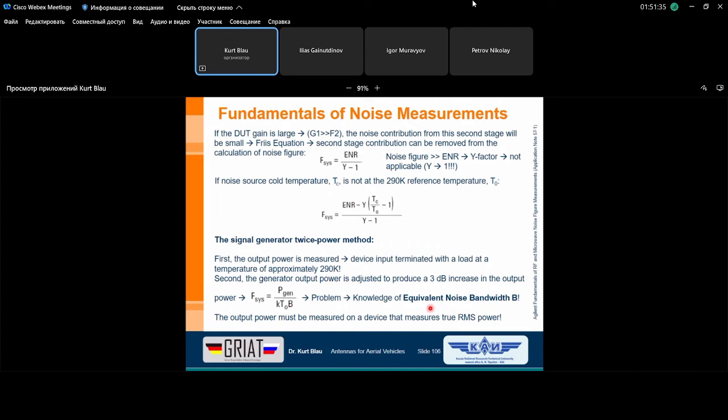This is very important. This power value we can note. And then we apply our input signal with a generator and increase the input power of the generator in such a way that the output power is twice the value we measured before. And this value is noted. And before we do this, we can also determine the gain of our amplifier.